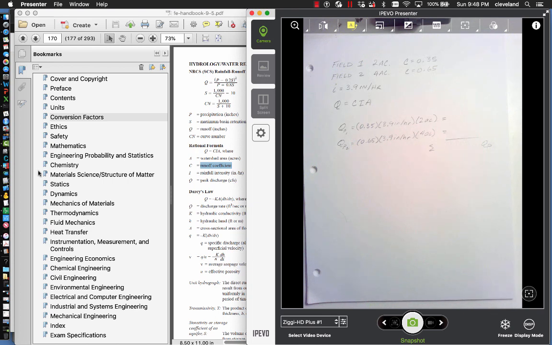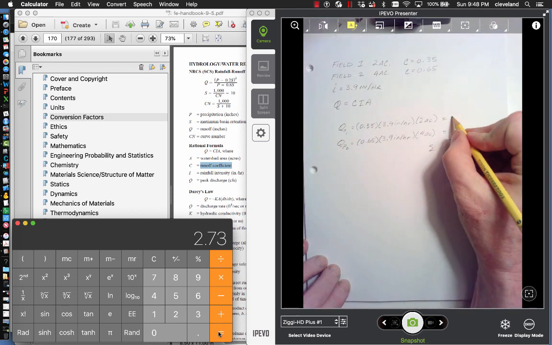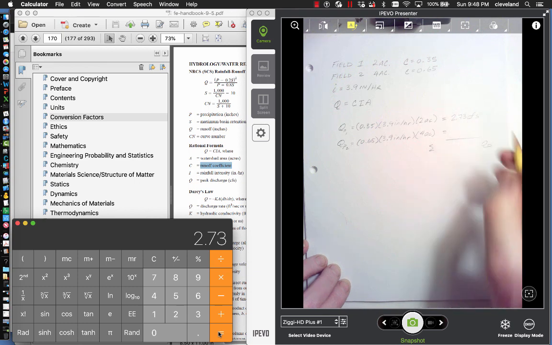So let's perform the arithmetic. Calculator. There we are. 0.35 times 3.9 times 2 equals 2.73 cubic feet per second.